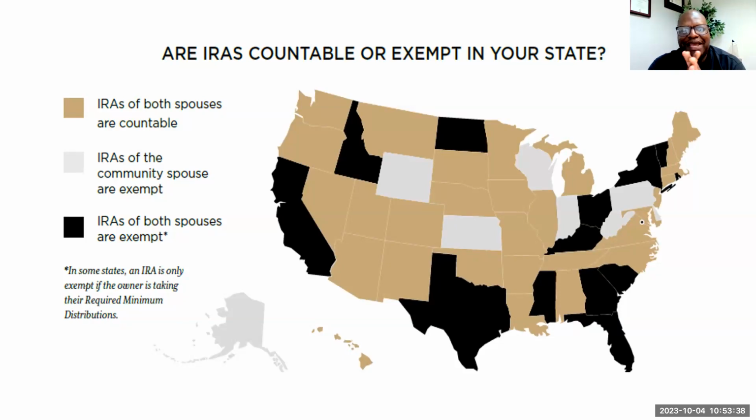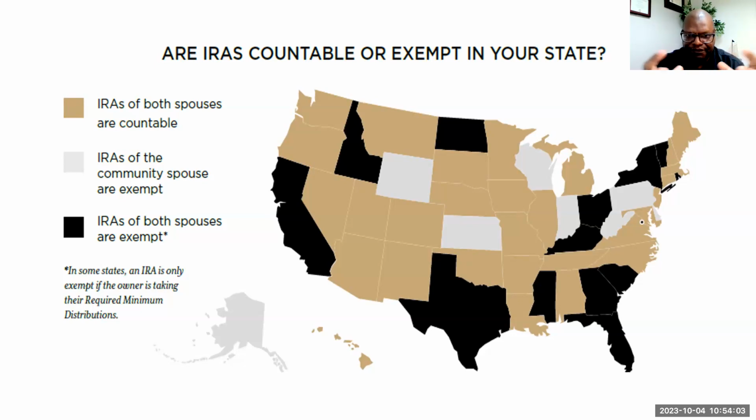IRAs are a big planning issue when I have a Medicaid case, because in some states, like Georgia, you see here in black, IRAs of both spouses are exempt. By exempt, they mean you have to take the IRA for the person going in and convert it from an asset into an income stream.